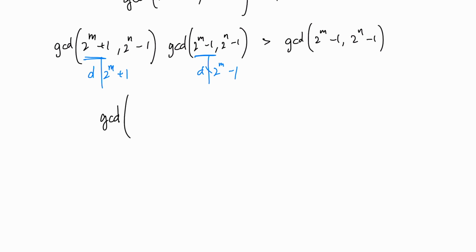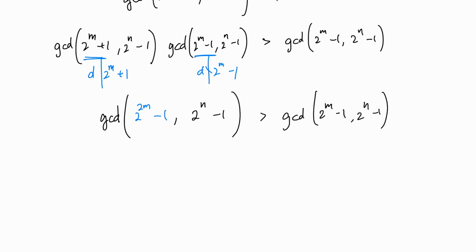This would be the product of these two, which, as I have said, is 2^(2m) - 1, and the other term would stay the same because there are no repeated divisors that we have to worry about. And we can keep the right-hand side, the GCD of 2^m - 1 and 2^n - 1.